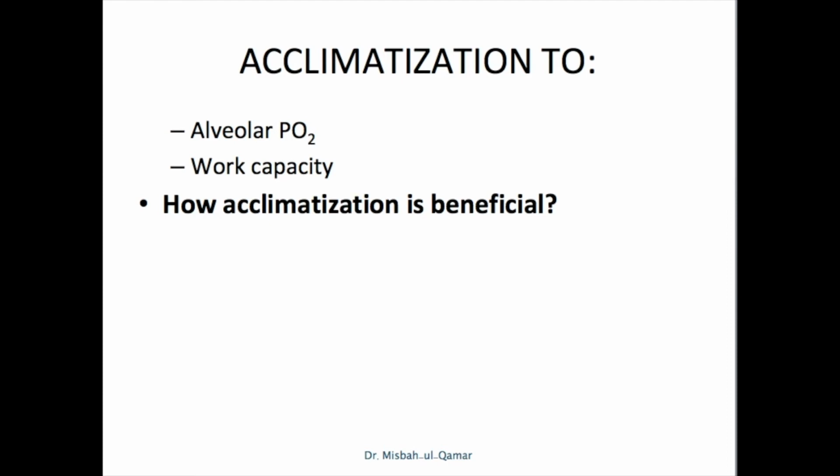Because then the low partial pressure of oxygen will cause fewer deleterious effects on the body after the person is acclimatized. And after acclimatization, it becomes possible for the person to work harder without hypoxic effects and ascend to still higher altitudes.